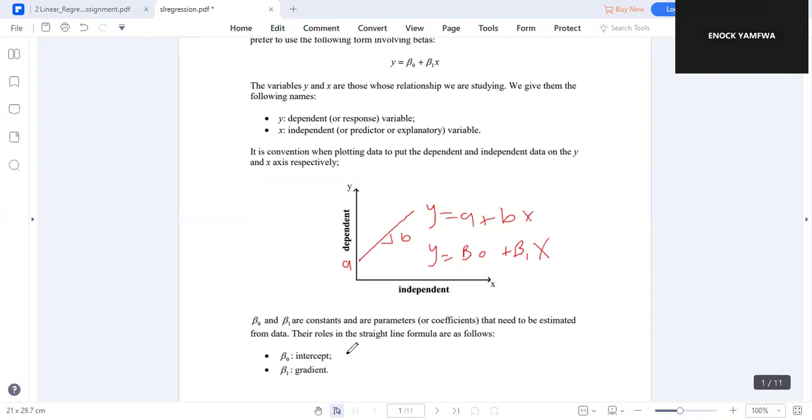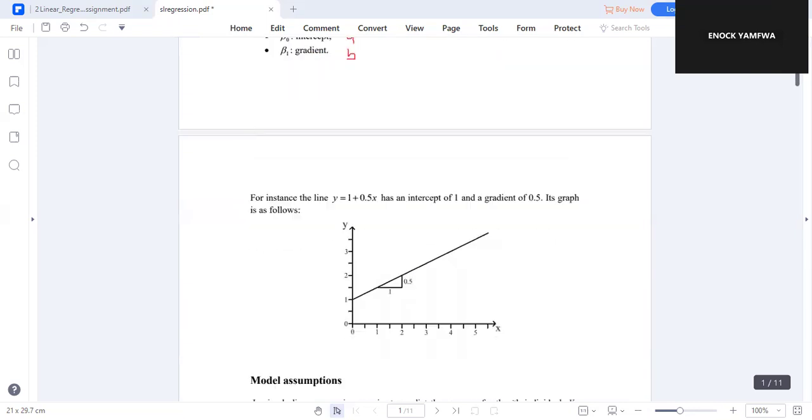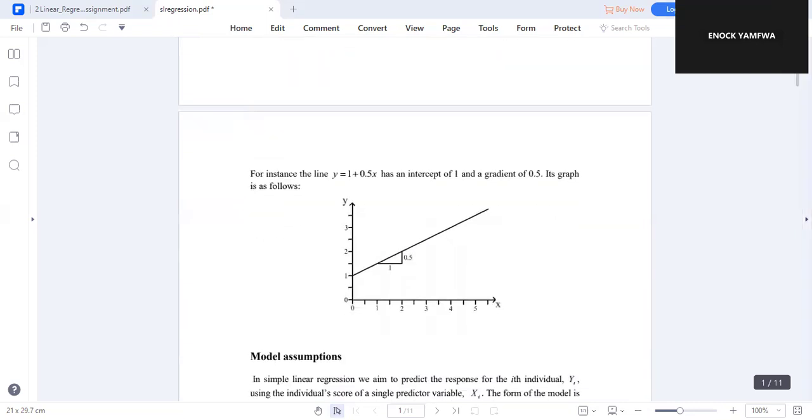So this is the same as the a, and this is the same as the b. When you're writing an equation, the slope simply measures how much of one increment in x is accompanied by the increase or decrease in y.